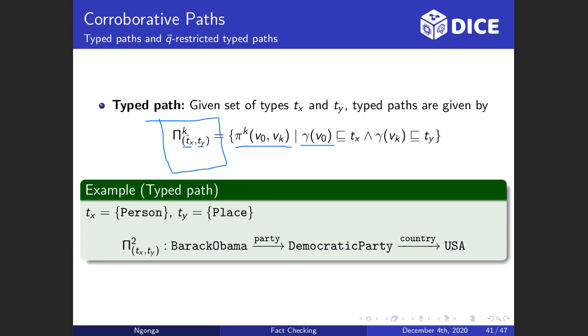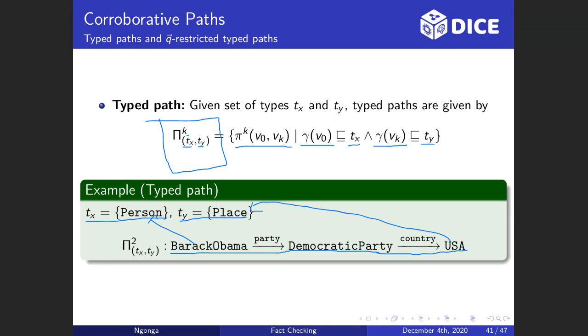So the type of V0 must be subsumed by Tx, and the type of Vk must be subsumed by Ty. So for example, if you have the types person and place, you can say that pi2 person place will contain the path Barack Obama, party, Democratic Party, country, USA, simply because Barack Obama is of type person and USA is of type place, right?